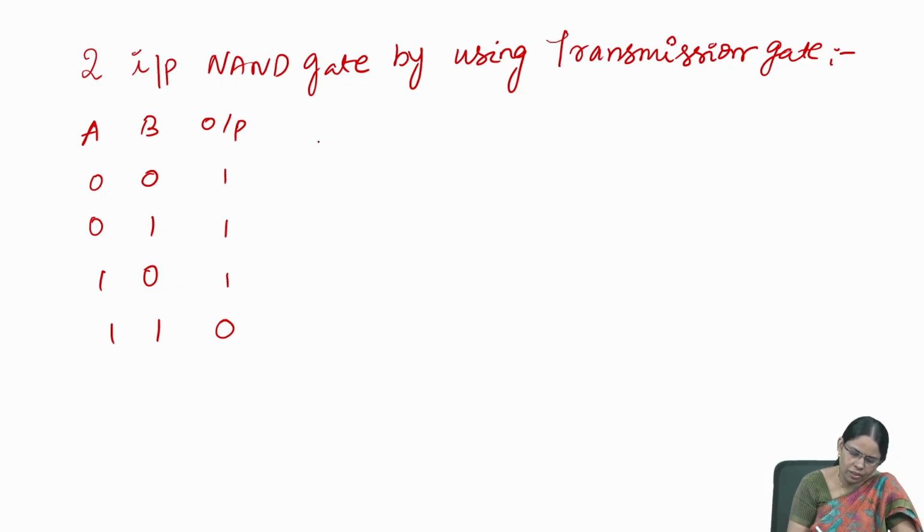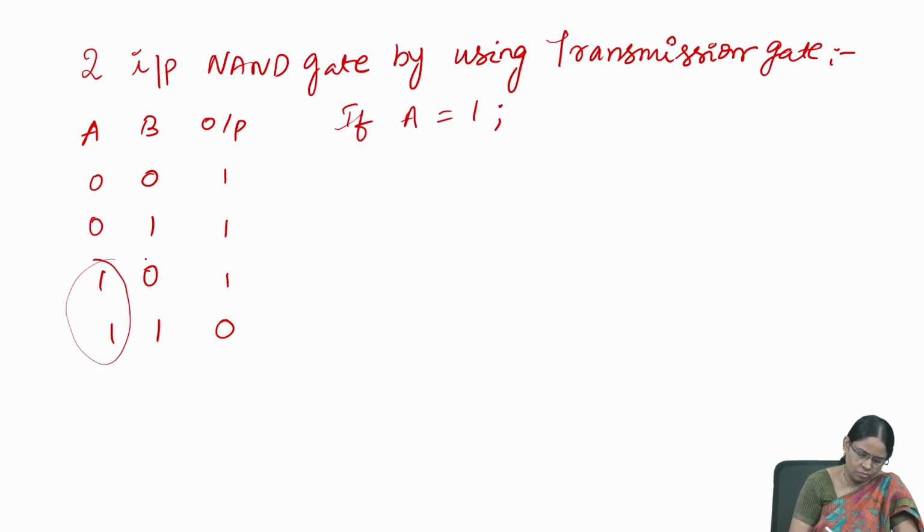Similarly, as we have seen in the pass transistor logic, here also we can consider any of the inputs as the control signal. For the time being, I am considering A as the control signal. So if A equals 1, my output is reverse to B, that is B dash.